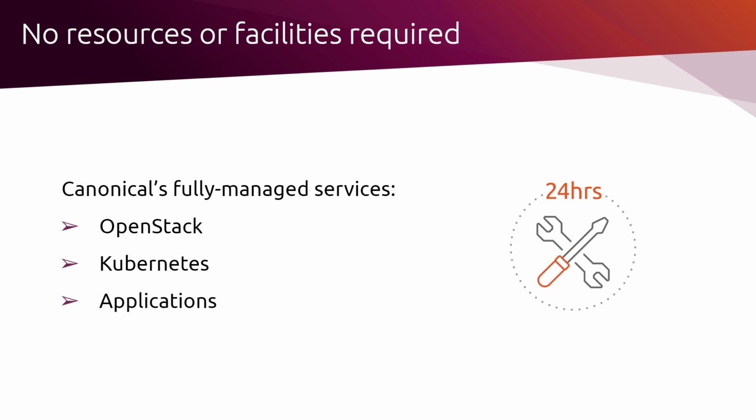Now, in case someone doesn't really have resources or facilities to build an on-prem infrastructure, Canonical provides fully managed services for OpenStack, Kubernetes, and the most popular open source applications, where the entire infrastructure is built and managed by Canonical cloud experts.